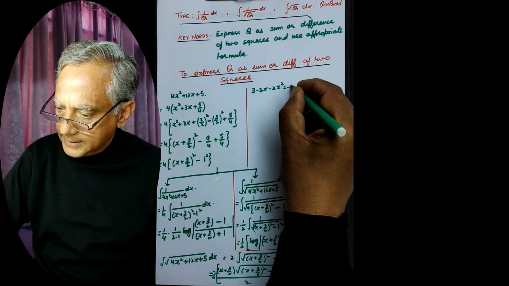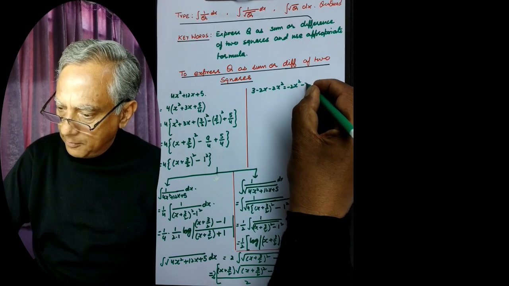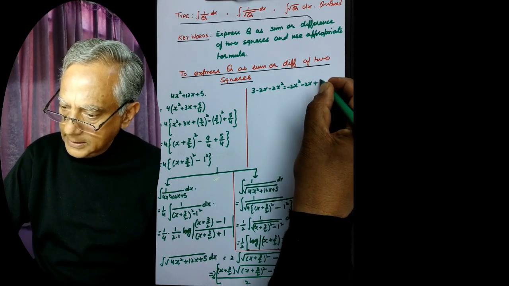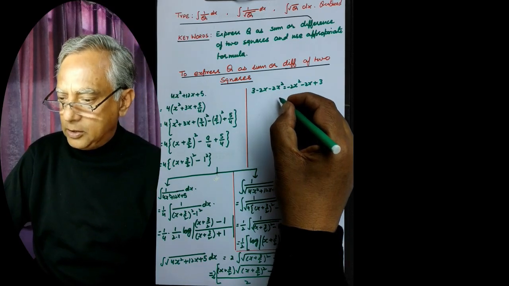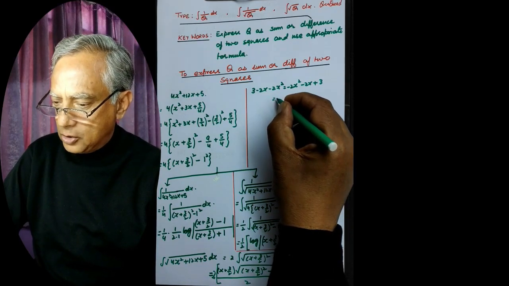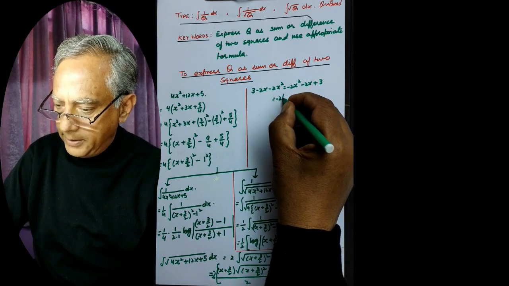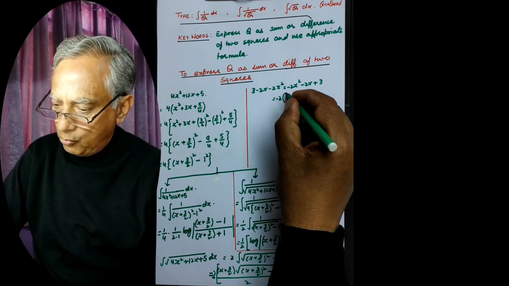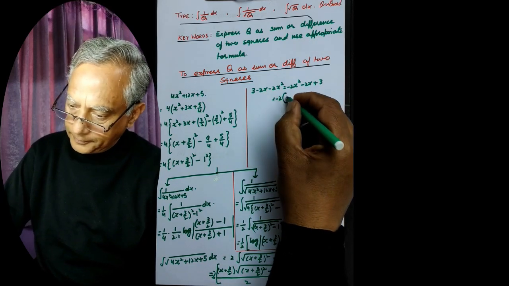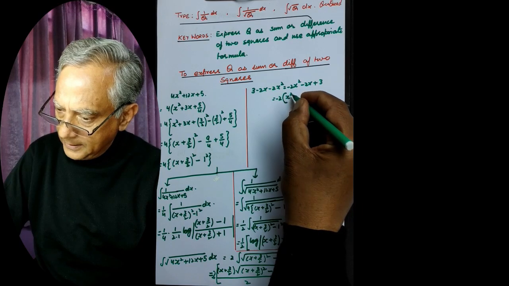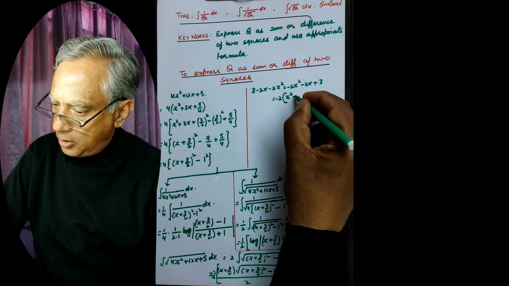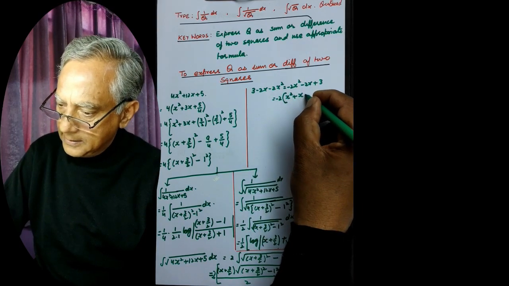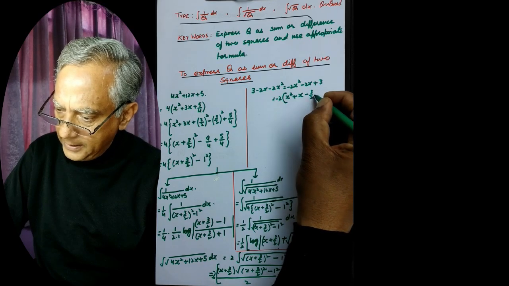So we write this as minus 2x square minus 2x plus 3 and take the coefficient of x square common. That is, minus 2 will be taken common and we will have x square plus x minus 3 by 2.